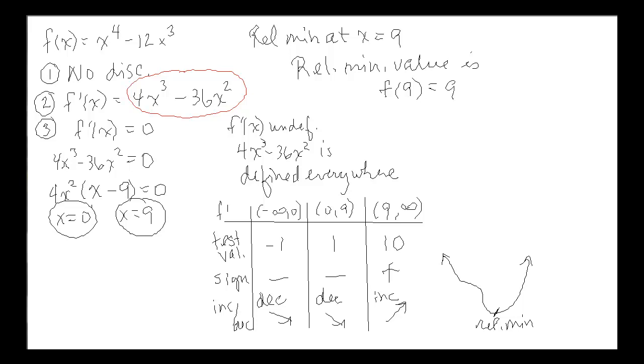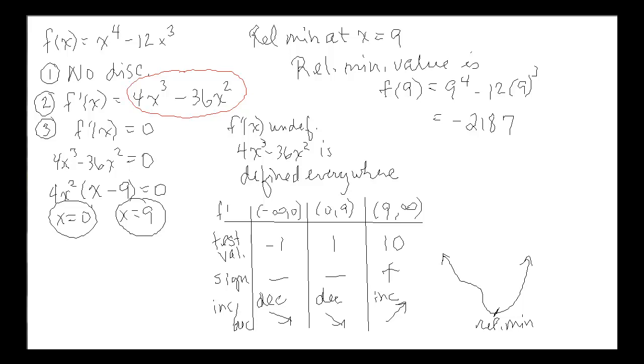So if we do 9 to the 4th minus 12 times 9 to the 3rd, that is negative 2187. Okay. So the relative minimum is at x equals 9, and the relative minimum value is f of 9, which is negative 2,187. So that's how low that point goes.